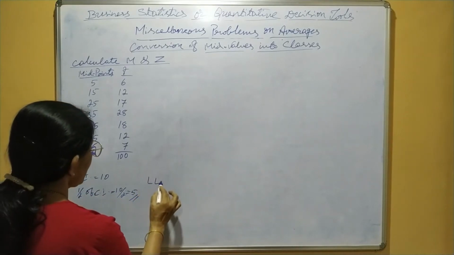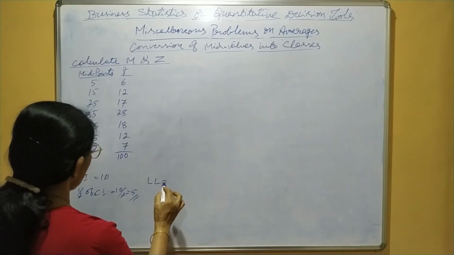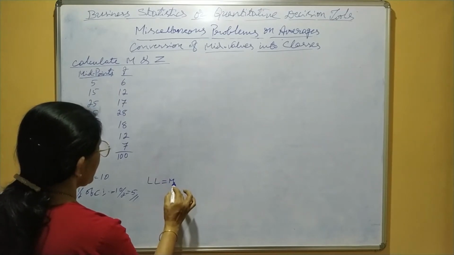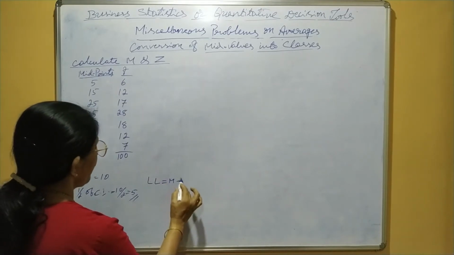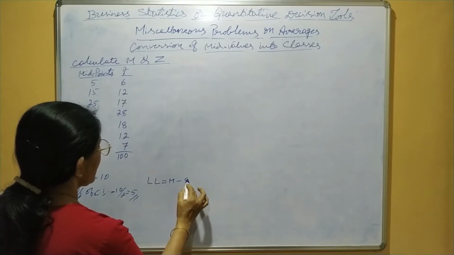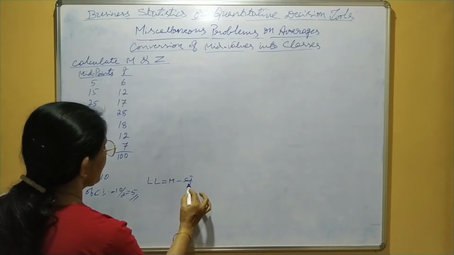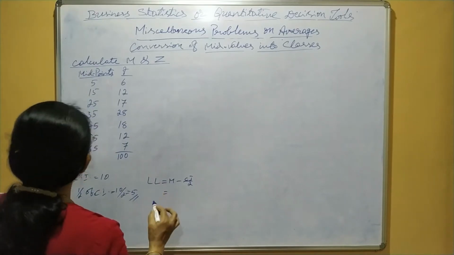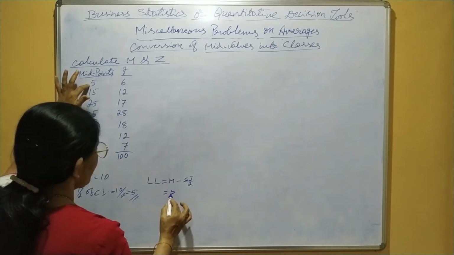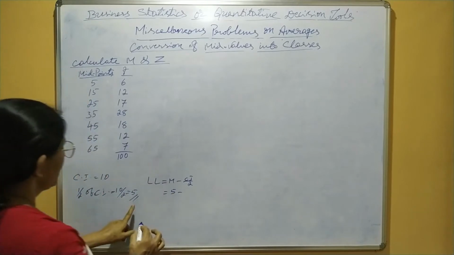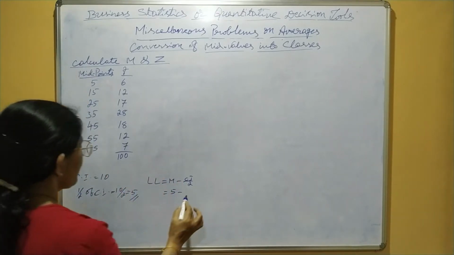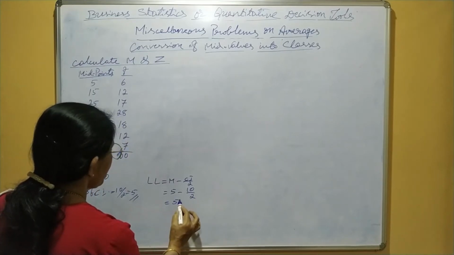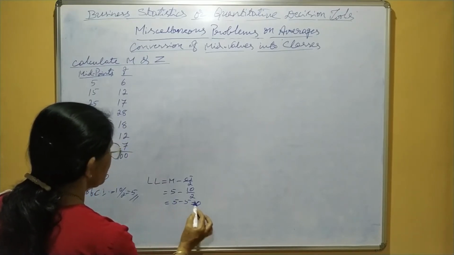Now lower limit equals midpoint or mid value minus class interval divided by 2, or half of the class interval. The midpoint is 5, and the class interval is 10, divided by 2 is 5. 5 minus 5 equals 0.